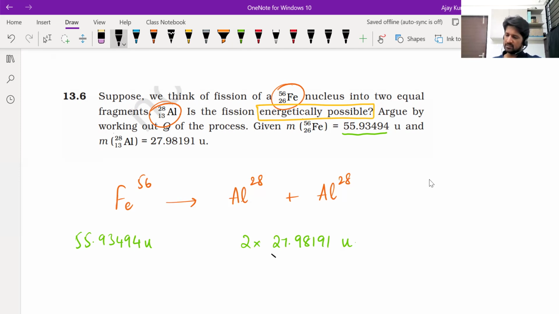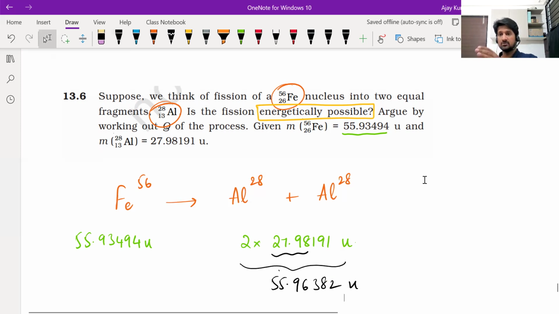2 times 27.98191, how much will that be? It becomes 55.96382 atomic mass units.